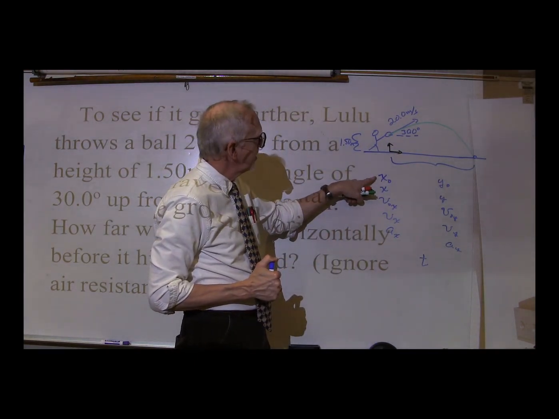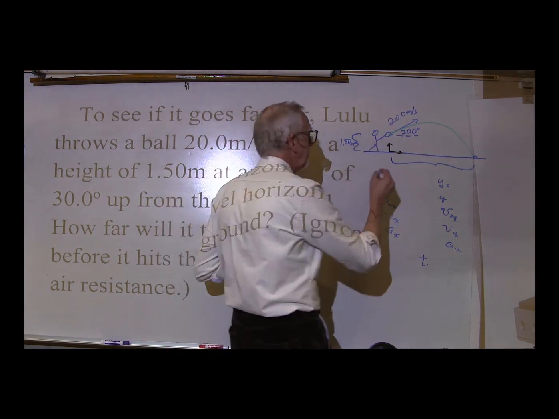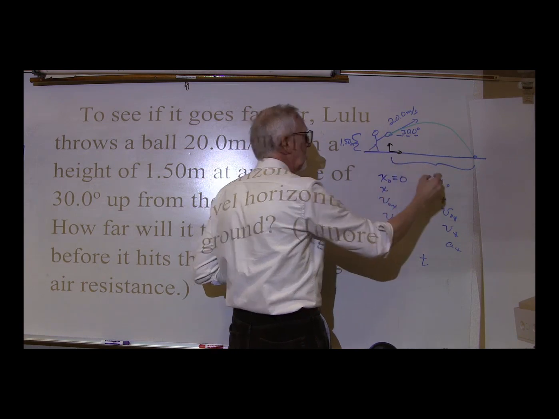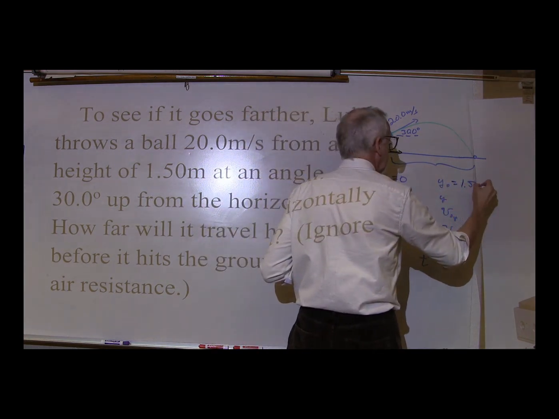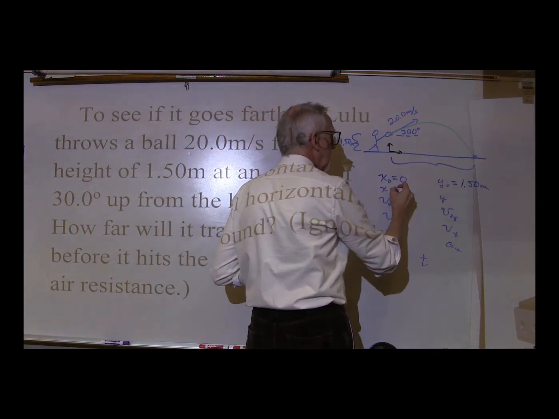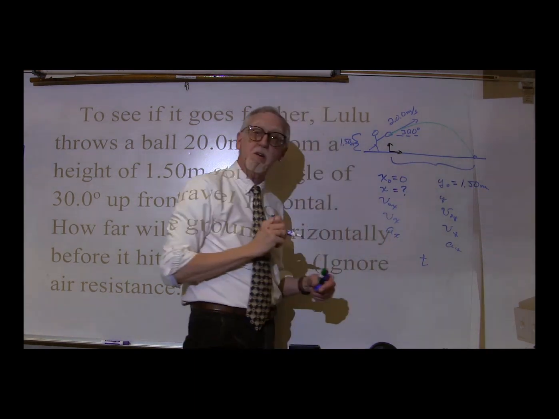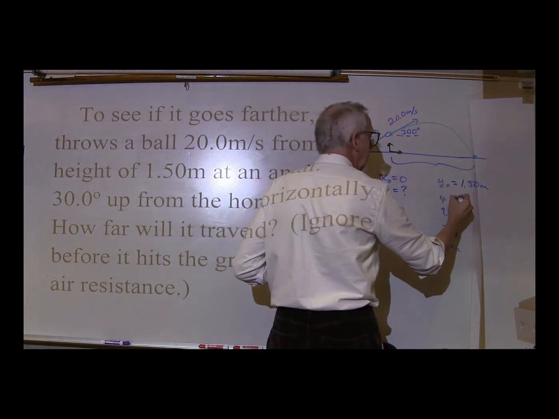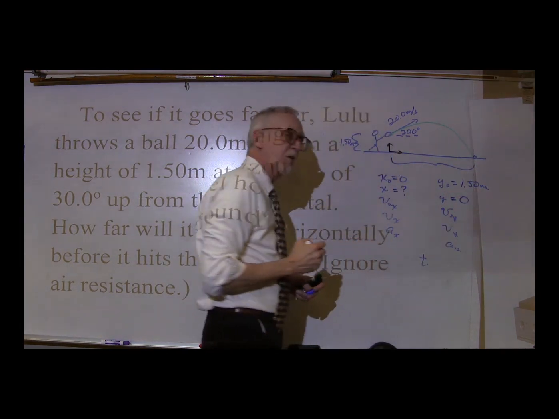Well, x naught, again, is 0. y naught, the initial height, again, 1.50 meters. x, we don't know, but again, that's what we're looking for. y, again, because it hits the ground, the final height will be 0.